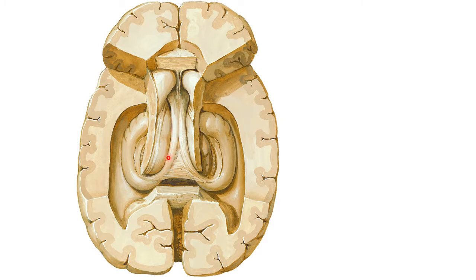Yesterday in the previous class I discussed the choroidal fissure, which is present at the lateral surface of this fornix. This fissure which I am showing you is the choroidal fissure.